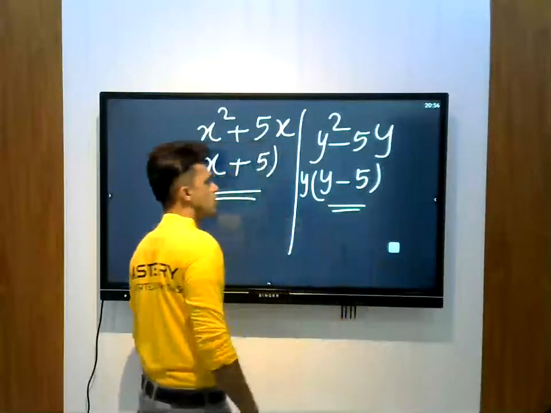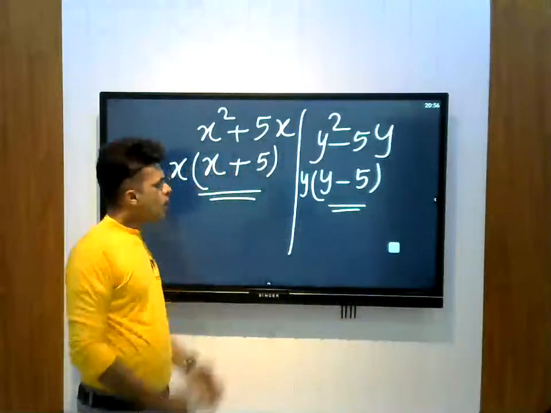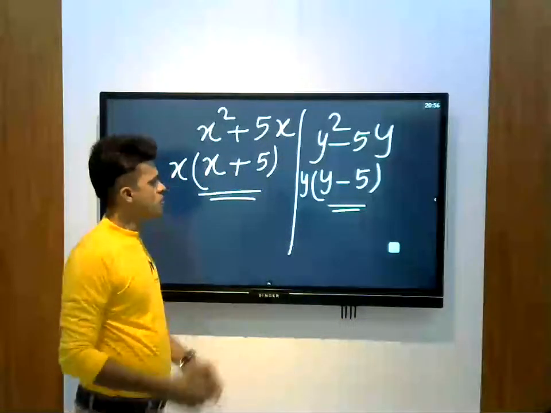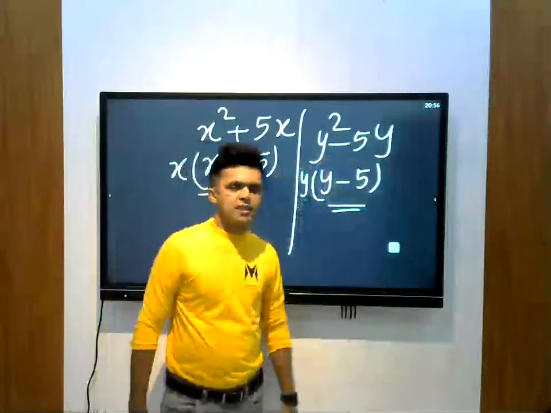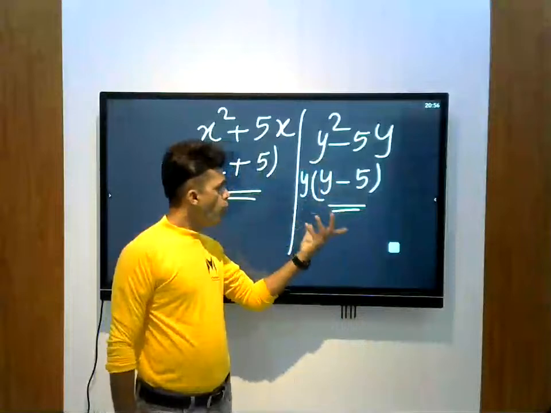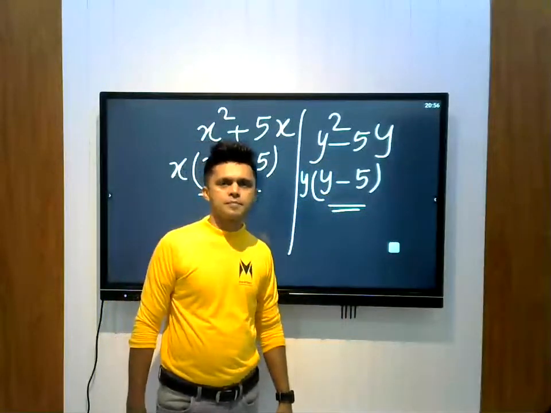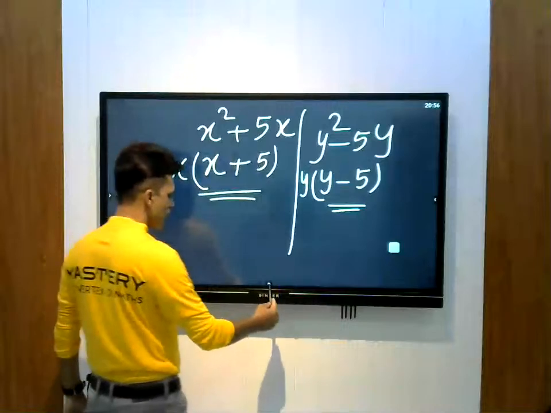So y into y minus 5 is the answer. We have written this expression as a product of these terms. We have taken the factors of y squared minus 5y.